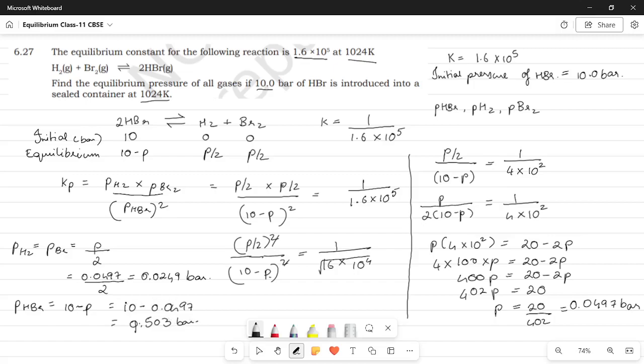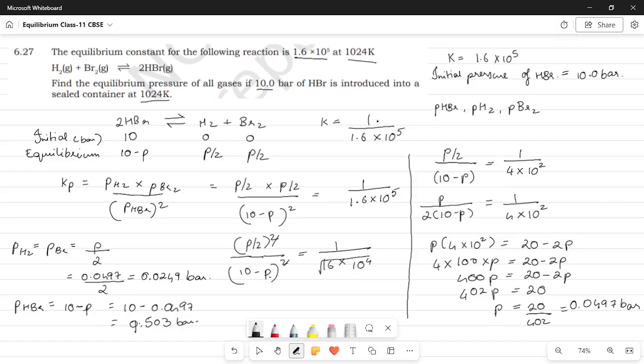So that's it. Essentially, this is what we've been doing for a couple of example problems in the past. The most important thing over here is that we need to be clear as to which side is the direction of the reaction. They've done this just to mess with us. So make sure that you write down the right value of the equilibrium constant. For our equation, because we have the initial pressure given to us of HBr, we assume that this was the reaction, and so the equilibrium constant for this would be 1 by 1.6 into 10 to the power 5.